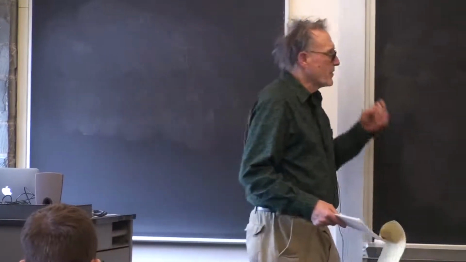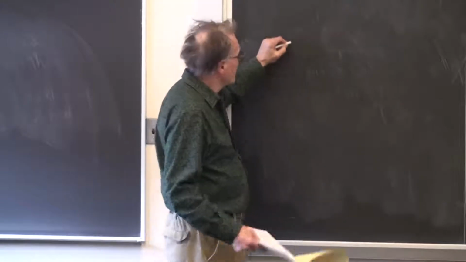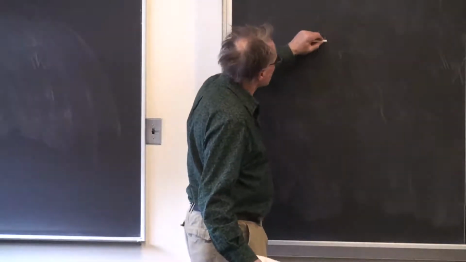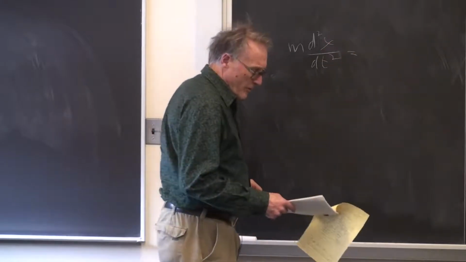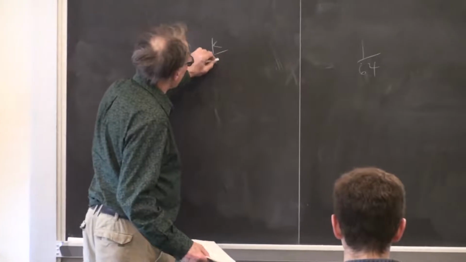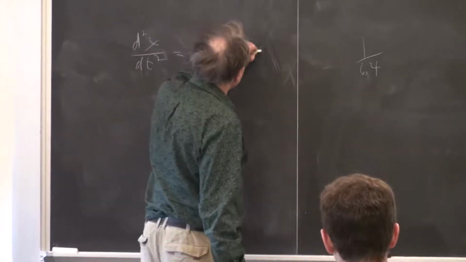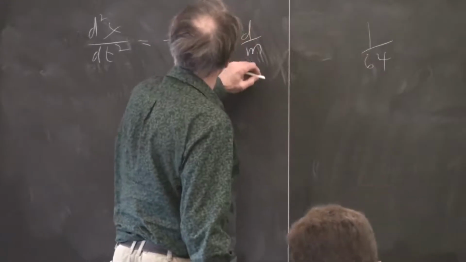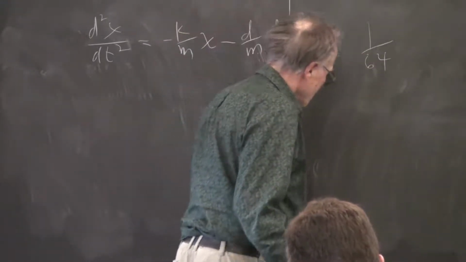So we started out with, on the second order system, a spring mass system, which you probably all remember: let's put the mass down here as minus k over m x minus d over m dx dt.